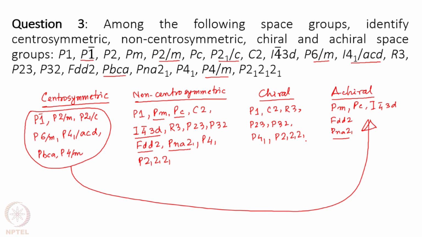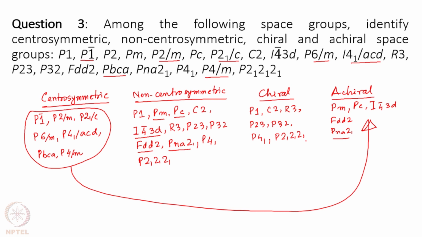Why? Because a chiral compound, a pure enantiomer, cannot have its mirror image crystallized together in the crystal structure. If a chiral compound crystallizes in a structure, it always goes in a chiral space group and does not have its mirror image in the structure.